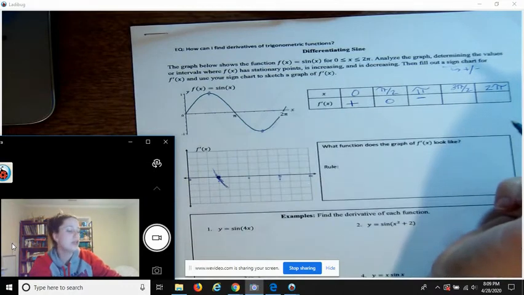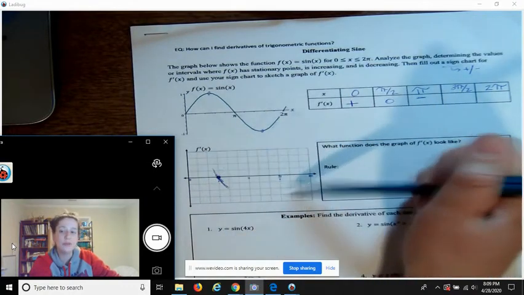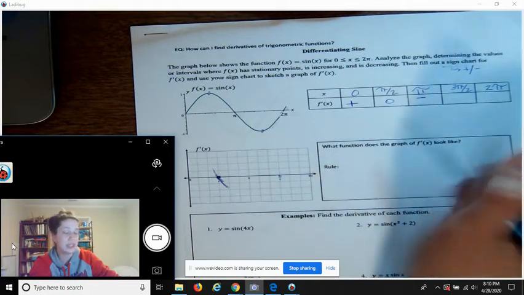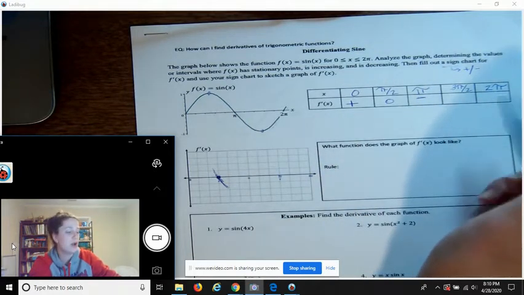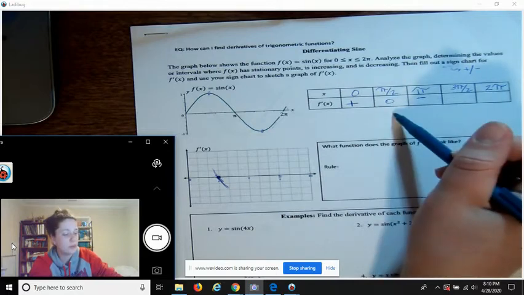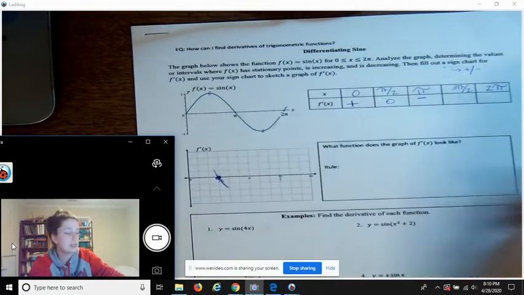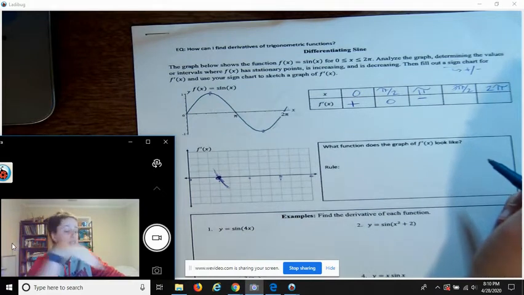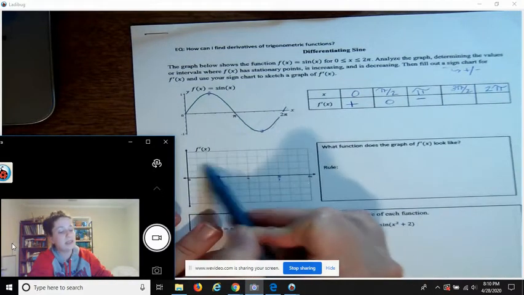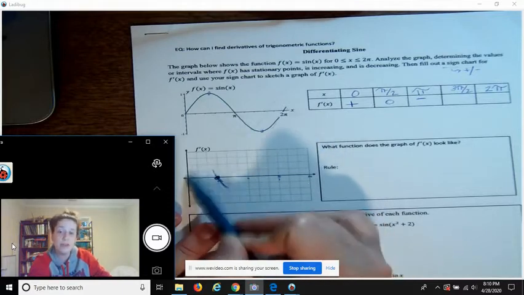Okay, so then you're going to try to fill in the rest of your graph according to your table and see what you would get. I would first plot wherever you have stationary points, put those points on the axis, and then use your plus and minus, increasing or decreasing. Increasing is going to mean you have a value above the x-axis.